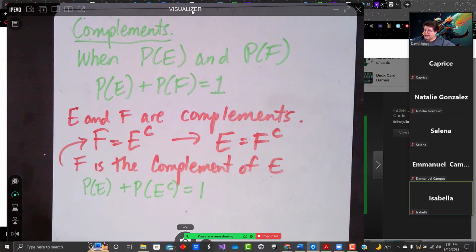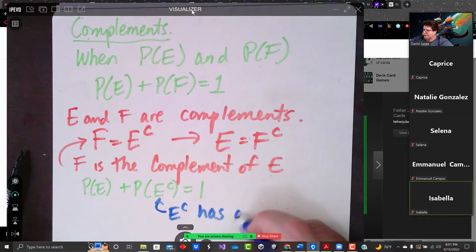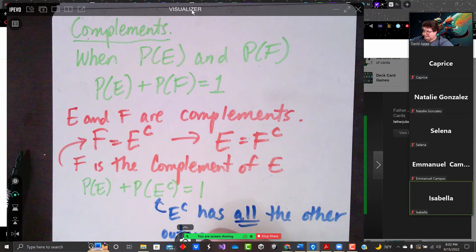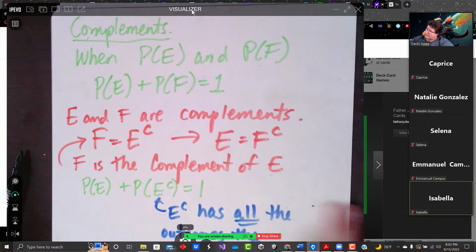So what this really says is the complement of E has all the other outcomes, and I mean all the outcomes that are not in E.